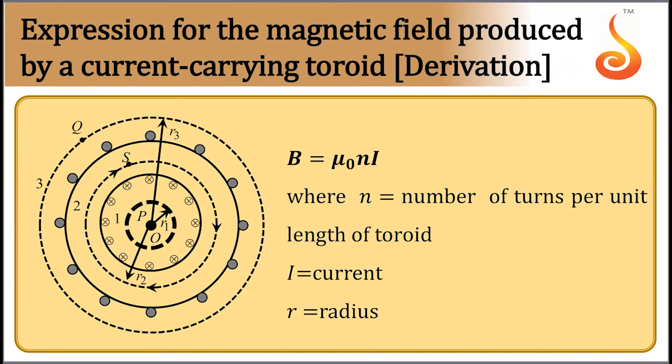Note this diagram also. The field exists only in the core of the toroid. Outside and inside it is 0. At P and Q it is 0. It is present only at S. There is no field here, no field here. So the field will be given by mu naught n I, where n is the number of turns per unit length of the toroid.